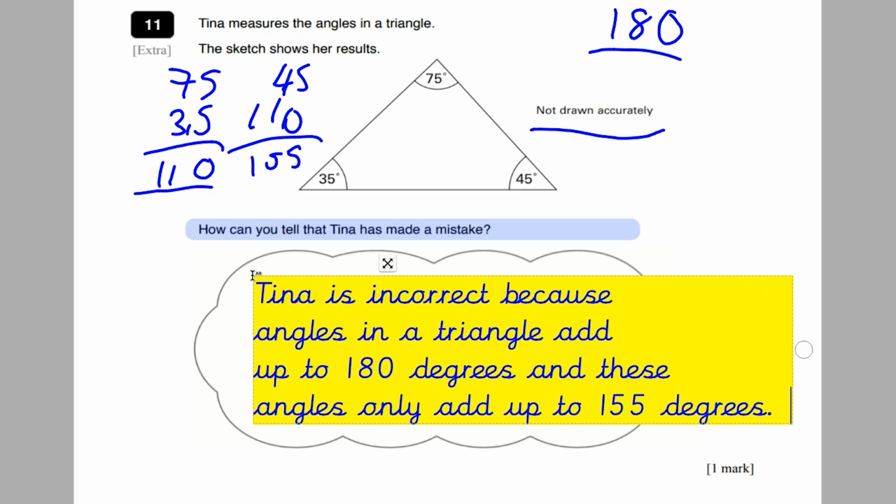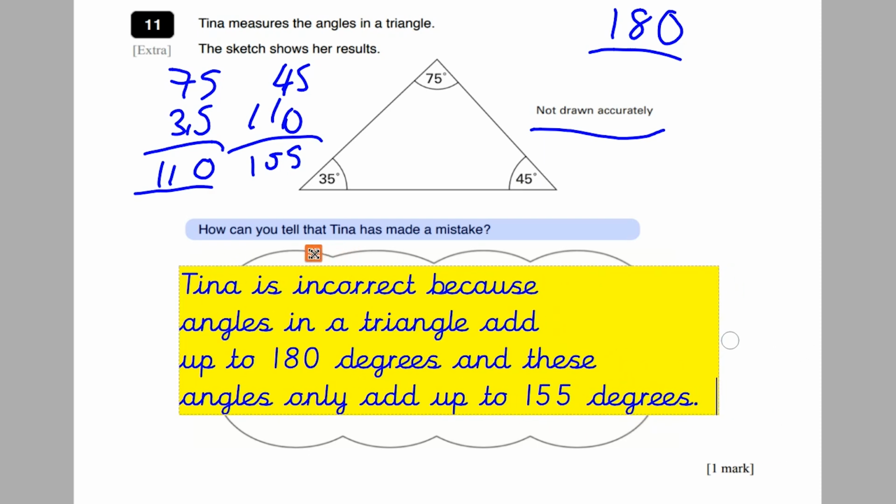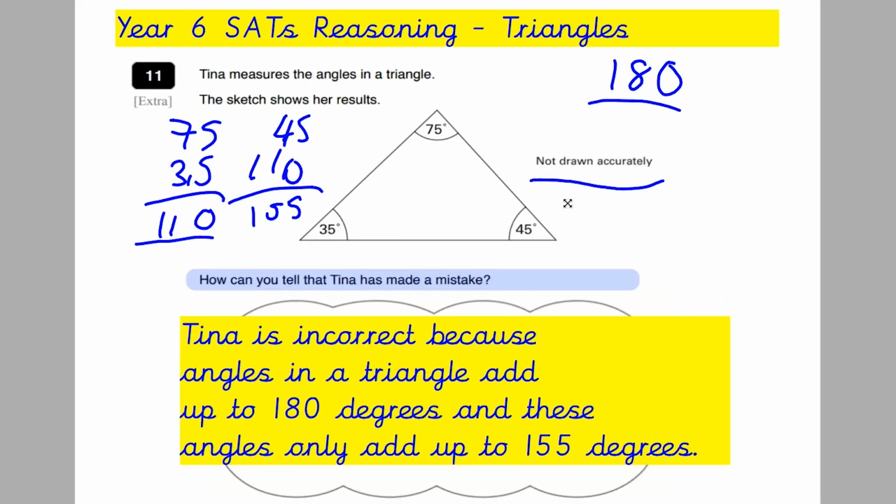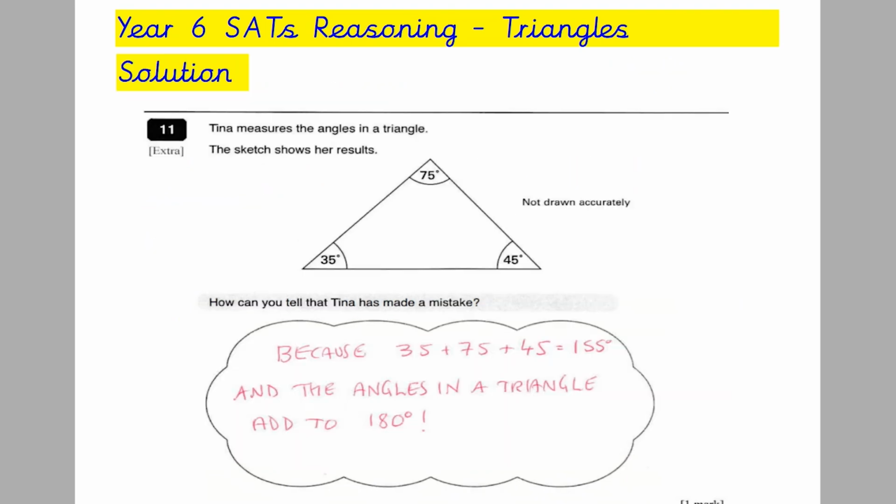And that explanation there would be enough to get us the mark. But we would need to know this fact, that angles inside a triangle add up to 180 degrees.